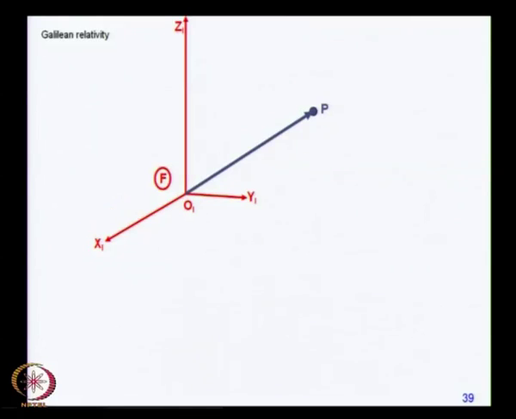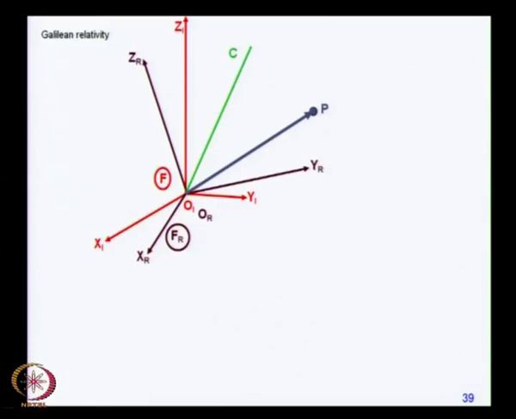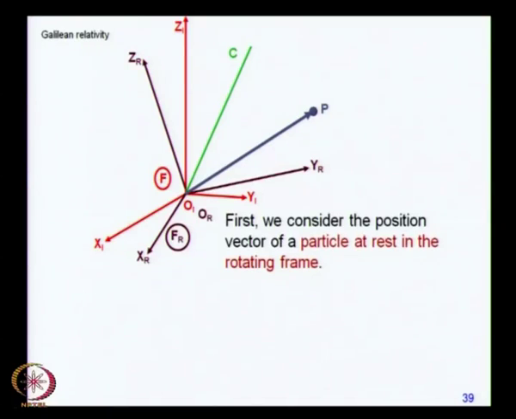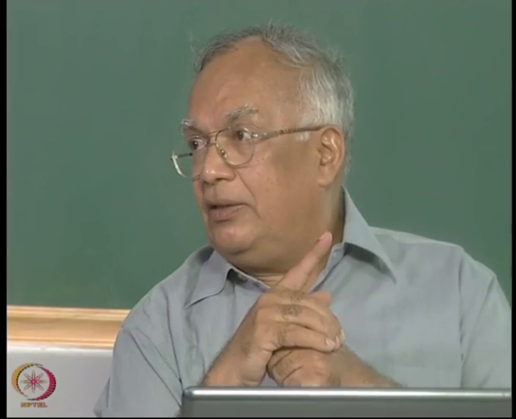Now, what we are doing is this, which is to observe a point P, and we have this rotation about the axis, the green axis OC, and we consider the position vector of a particle which is at rest in the rotating frame of reference. Mind you, it is at rest in the rotating frame of reference.